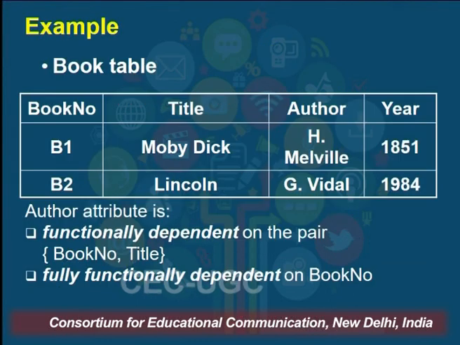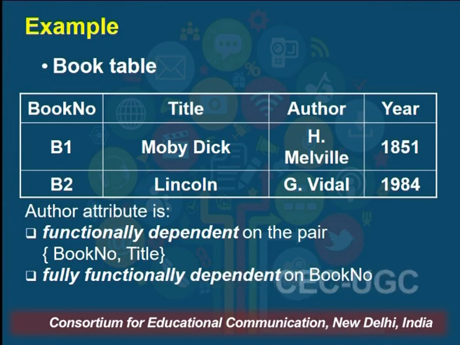For example, here we have a book table in which we have book number, title, author, and year. B1 has the title Moby Dick, the author is H. Melville, and the year is 1851, while book number B2 has the title Lincoln, the author is G. Vidal, and the year in which it was published is 1984.